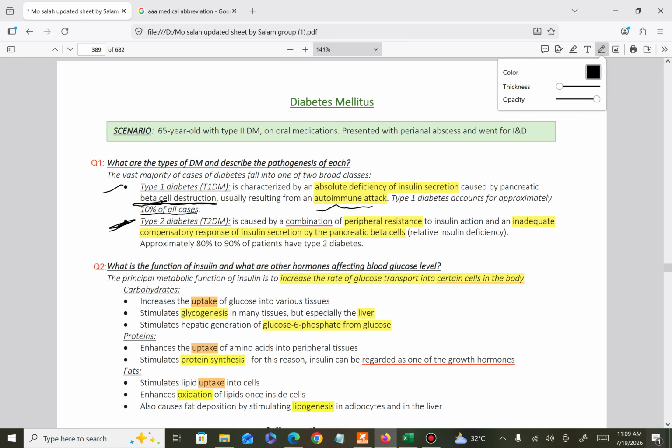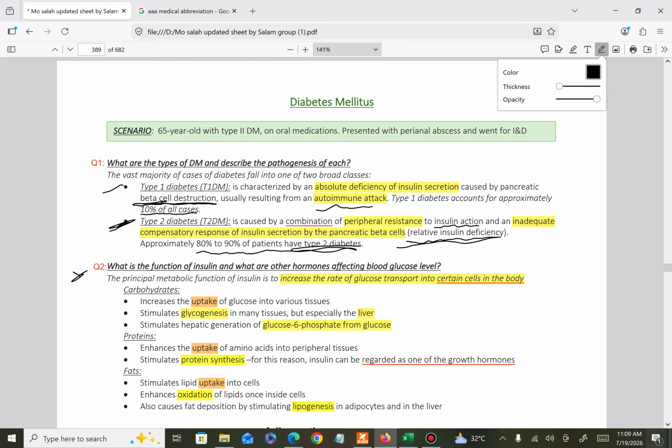Okay, so basically there is resistance to insulin action and inadequate compensatory response of insulin secretion by the pancreatic beta cells. So basically there is relative insulin deficiency. The beta cells are secreting insulin, but there is peripheral resistance to insulin action. Approximately 80 to 90% of patients have type 2 diabetes.